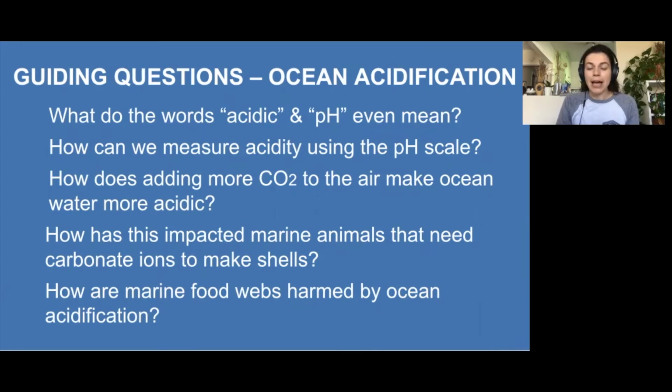We'll learn how adding more carbon dioxide, or CO2, to the air can make ocean water more acidic. And we'll also learn how ocean acidification has impacted marine animals that need carbonate ions to make shells, and how marine food webs have been impacted by ocean acidification.